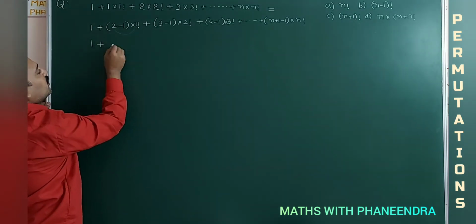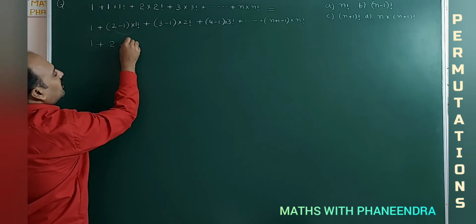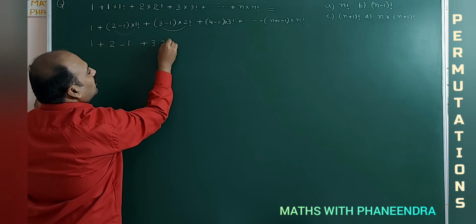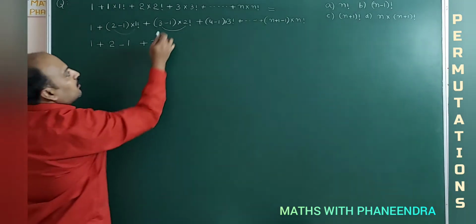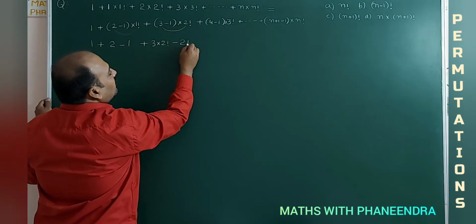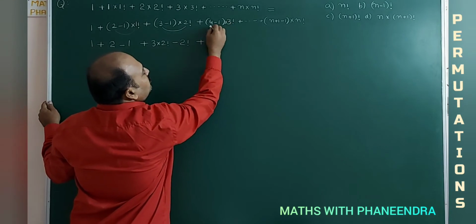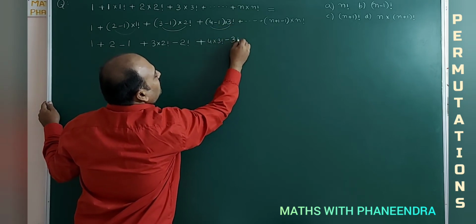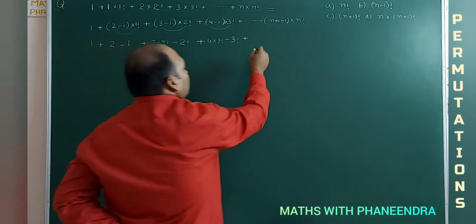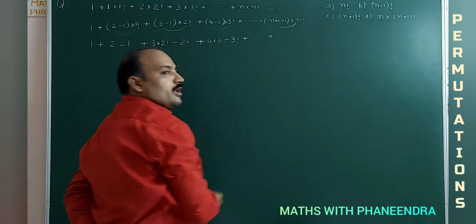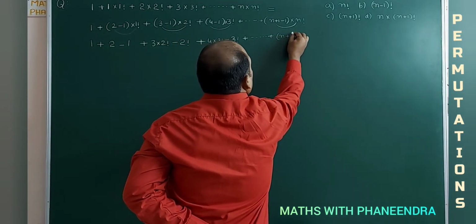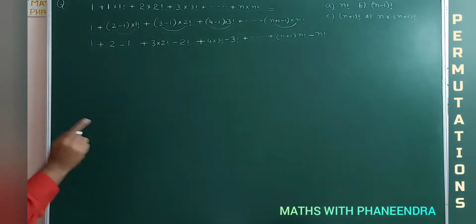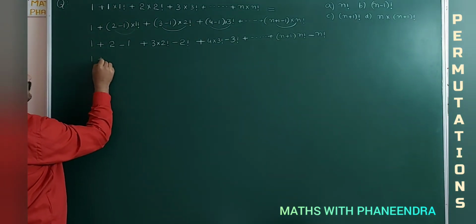So 2 into 1 factorial is 2, minus 1 into 1 factorial, 1, plus 3 into 2 factorial, minus 1 into 2 factorial, which is 2 factorial, plus 4 into 3 factorial, minus 1 into 3 factorial, so 3 factorial, plus and so on, n plus 1 into n factorial minus 1 into n factorial, so n factorial. I hope everyone understands.